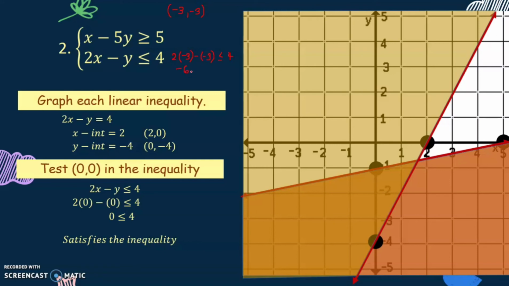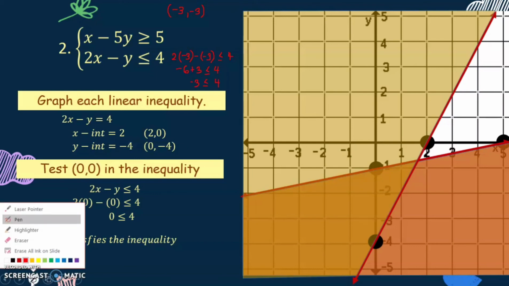So negative times negative is positive 3. Must be less than or equal to 4. Negative 6 plus 3 is negative 3. So ask yourself, is negative 3 less than or equal to 4? Yes. So it also satisfies the second inequality. Then negative 3, negative 3 is a solution of the system of linear inequalities.